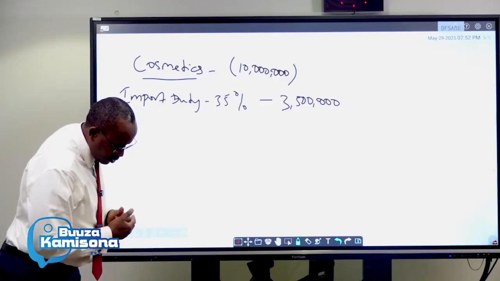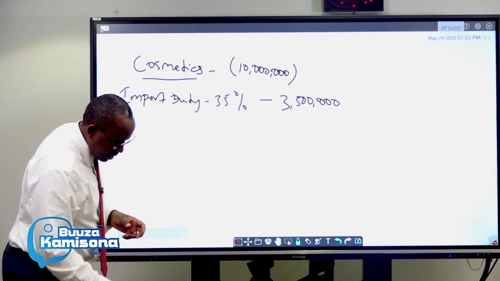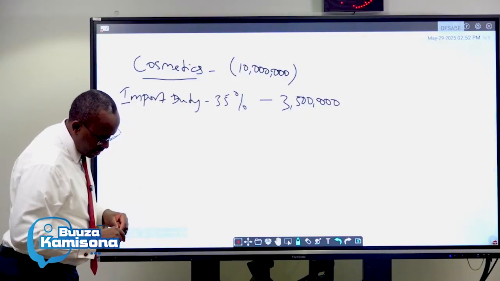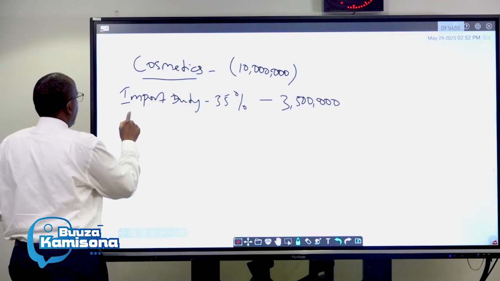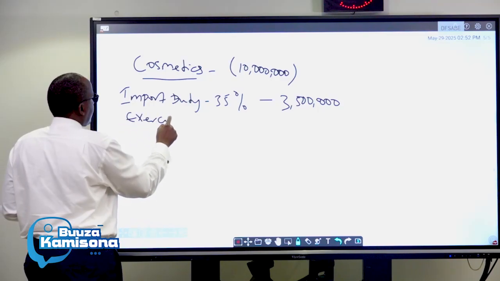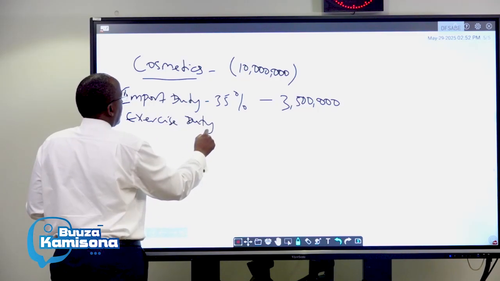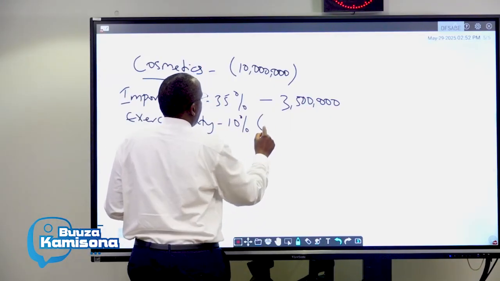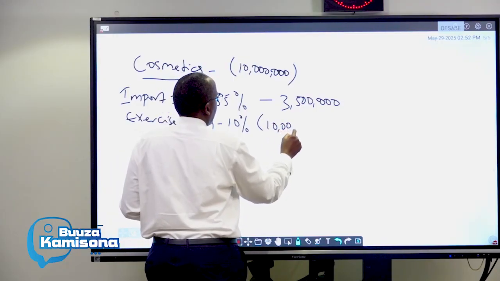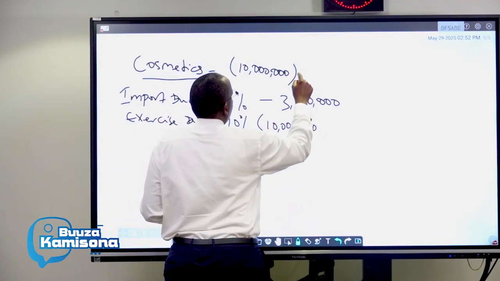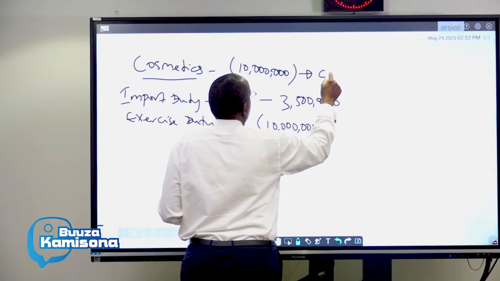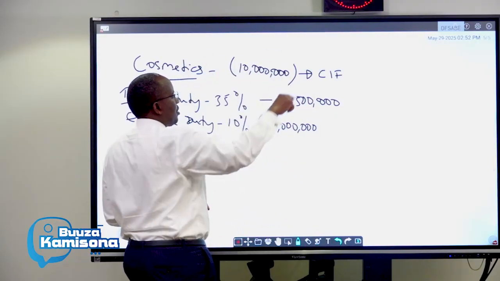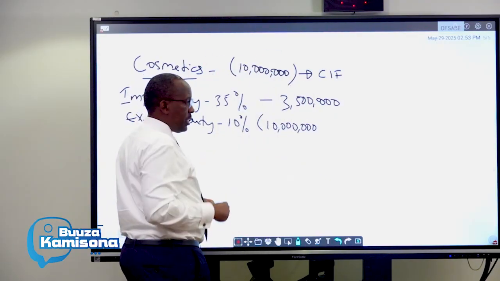The next will be excise duty first. Excise duty will be 10%, but 10% of what? 10% of the 10 million, which is normally referred to as the CIF, cost, insurance, and freight, meaning the cost of goods plus the cost of shipment up to here.